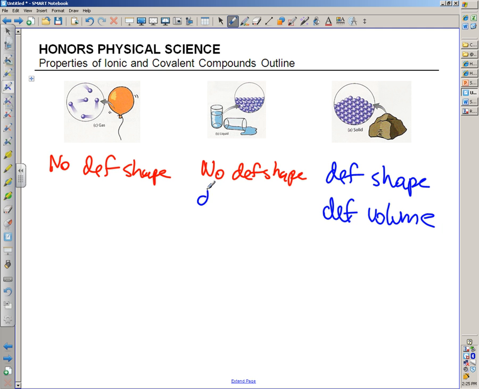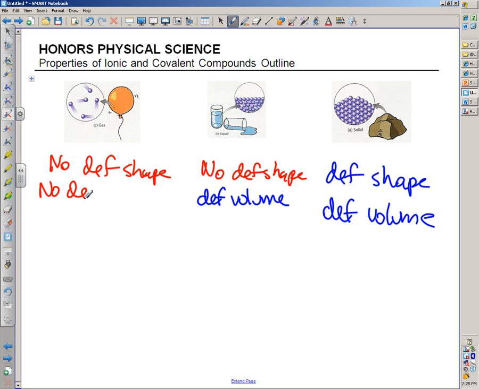Liquids have a definite volume. Liquids still have a definite volume as well. They take up the same amount of space. What that space looks like changes depending on the container, but they still take up the same amount of space. But as far as a gas is concerned, what do gases do? No definite volume.